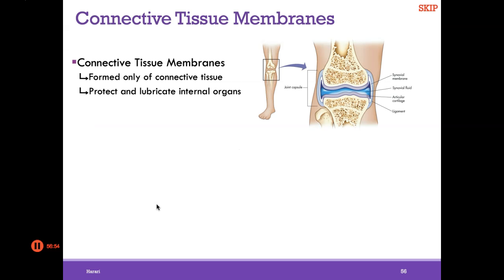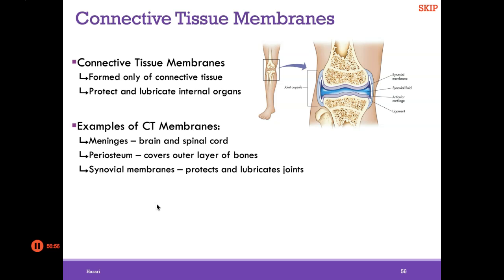You're not going to be tested on this, but connective tissue membranes are also found in the body to protect and lubricate internal organs. Examples are the meninges of the brain and spinal cord. Right? The meninges are connective tissue membranes that protect the brain and spinal cord.